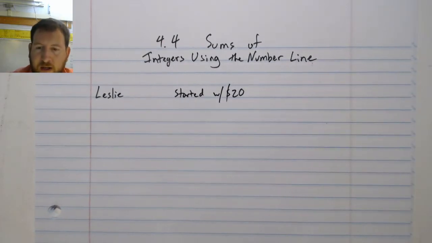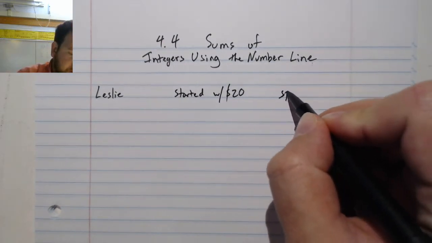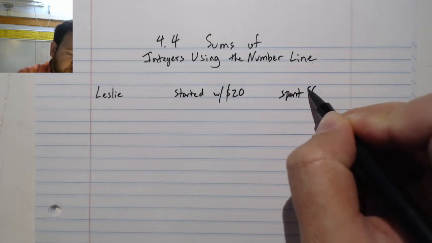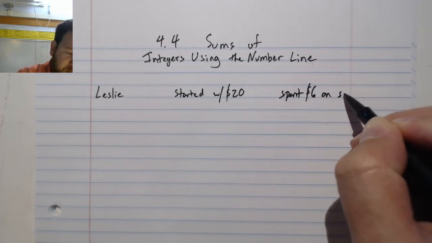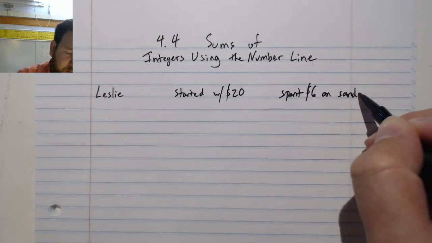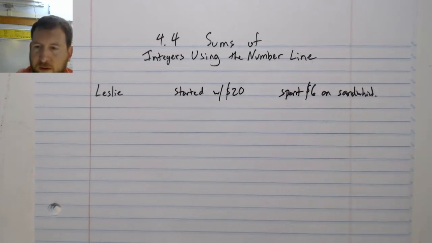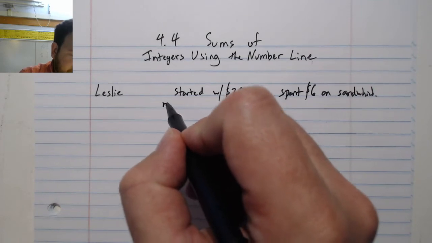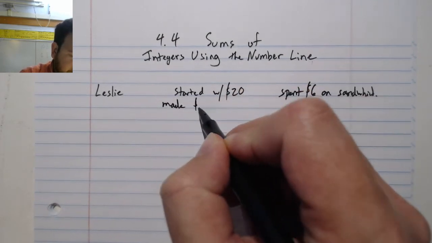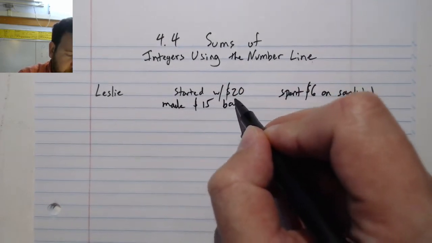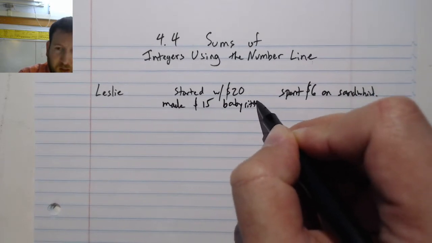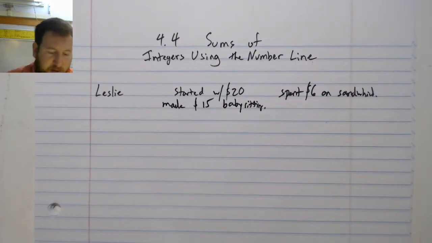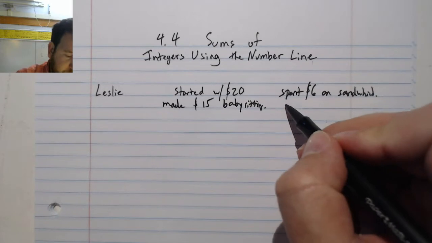Then she spent $6 on a sandwich. Hopefully it was a good sandwich. It's always important. And then she made $15 babysitting. Then she made $10 mowing her neighbor's lawn.